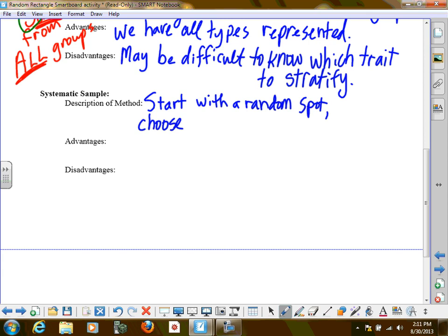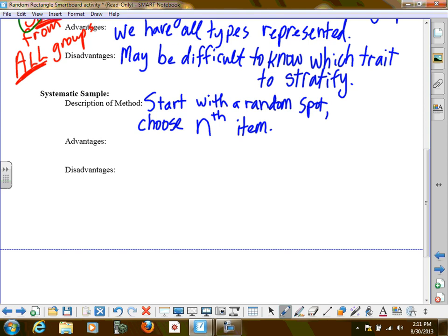You're choosing every what? Certain number. Every 10th, every 5th, every 20th. Okay, so every, and this is the general way to do that, nth, 20th, 15th, whatever. So choose every nth item.